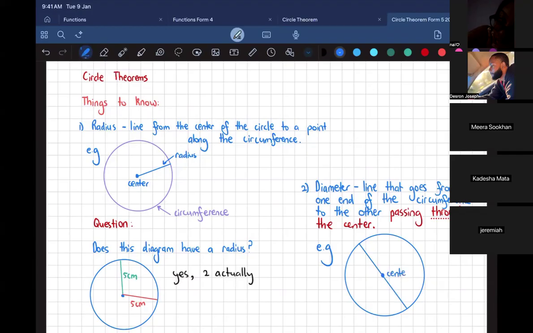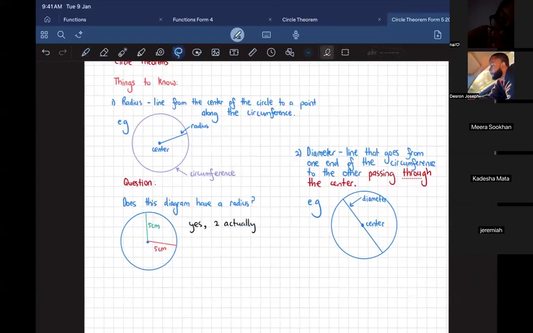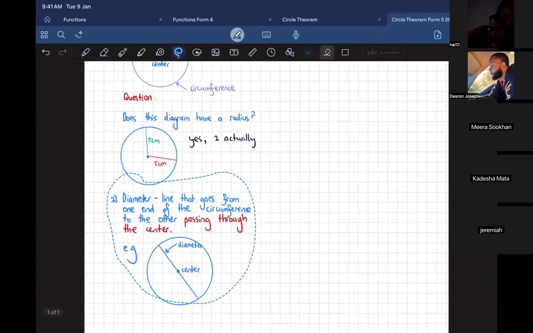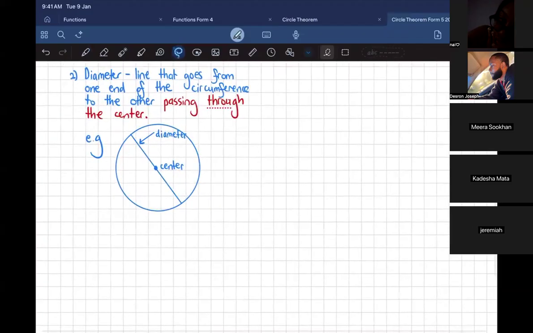Yes. So this would be the diameter. Everybody said that they copied down the radius and the question, so that's good. Now copy down the diameter.